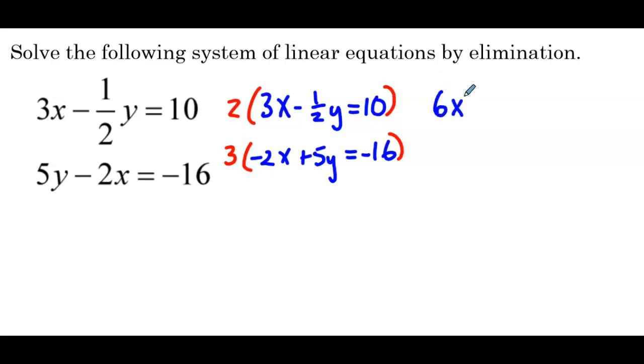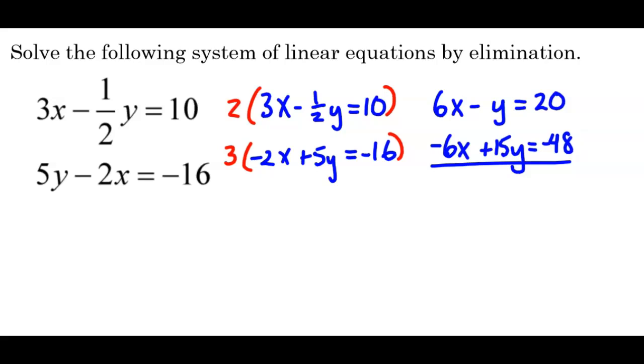So we would have 6x minus y equals 20, negative 6x plus 15y equals -48. So now we're going to add these two equations together. So we're going to have 0x plus 14y equals -28, which is just 14y equals -28.